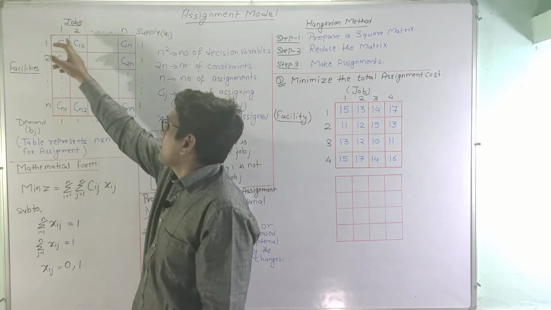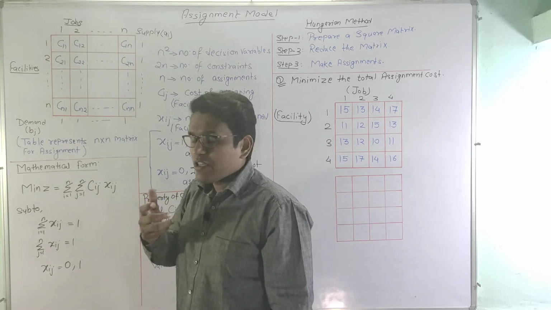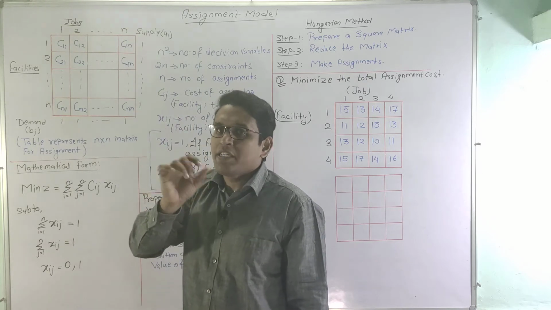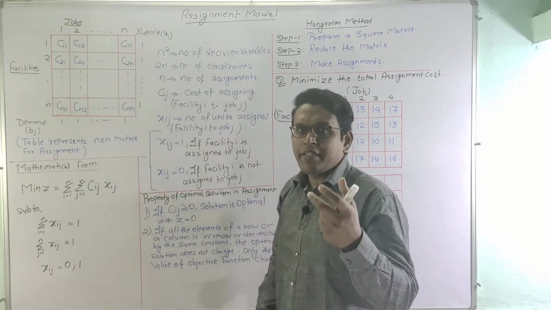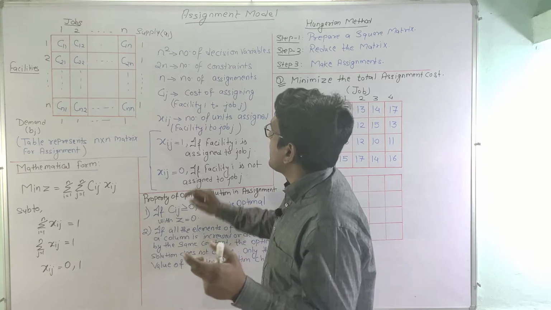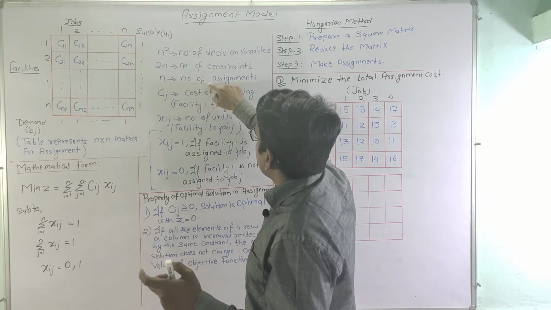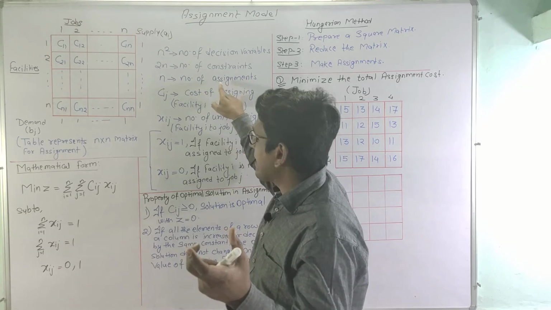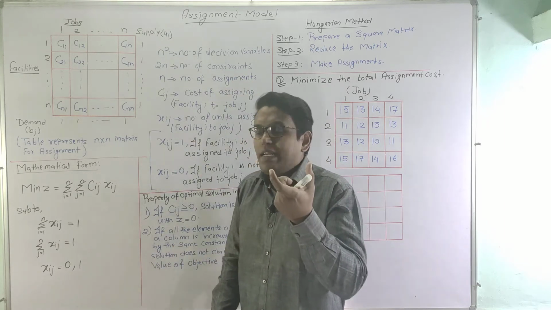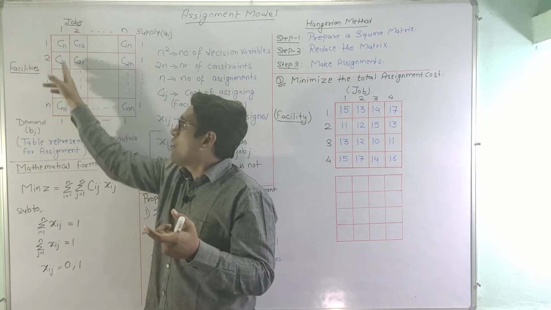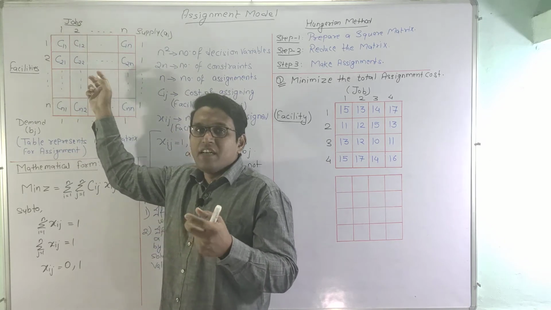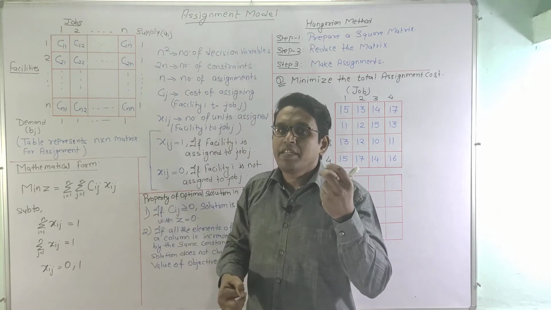So for this matrix, the maximum number of independent allocations can be n plus n minus 1, that means 2n minus 1, and we know that the number of assignments we can have is only n. So if we subtract this, we have n minus 1 empty places or potential cells in this matrix which can have an independent allocation.